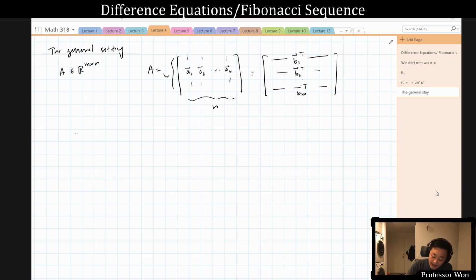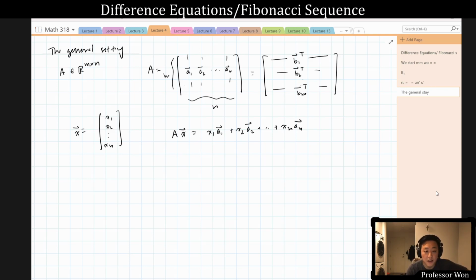If you take the vector x to be x1, x2 up through xn, then Ax you can think of as a linear combination of the columns of A, namely x1 a1 plus x2 a2 plus up through xn an. So if you multiply this matrix by a vector, you take the linear combination of the columns, where the vector tells you the weights for each column vector.